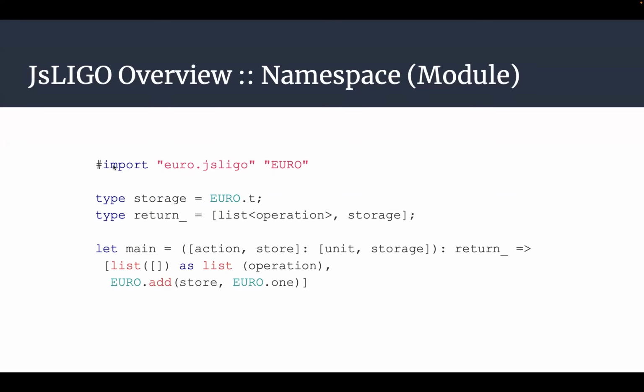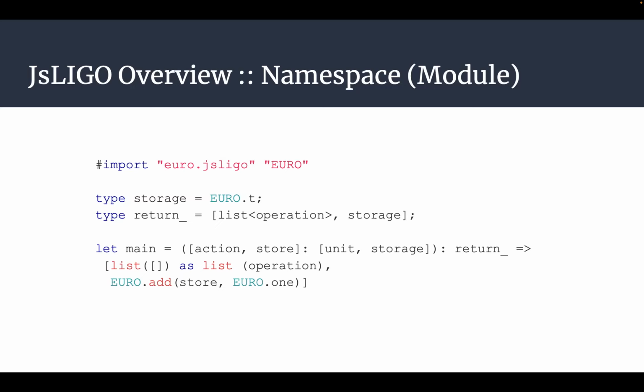For example, here you do an import of a file which is euro.jsligo, and you provide an incarnation namespace which is called Euro thanks to the import operation. So therefore, you can retrieve the type with, for example, Euro.t, which is the type which has been provided in euro.jsligo, and we link it to a new type which is storage. So we define the type aliases here.